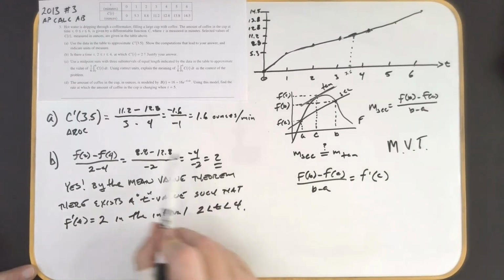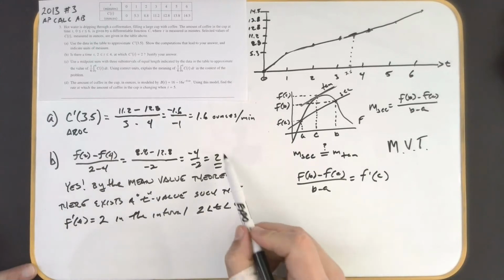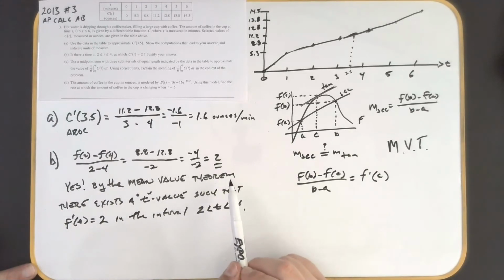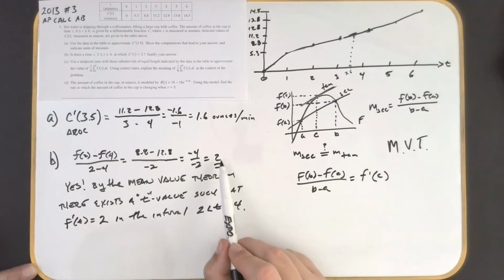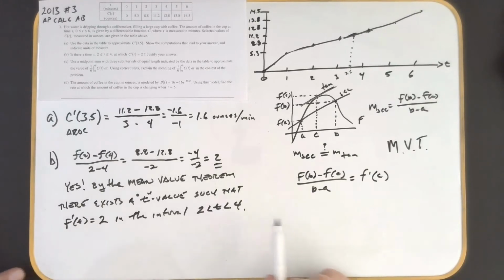Okay, so our work up here showed that this was the slope of the secant, and so 2 being in that interval, that's the explanation.